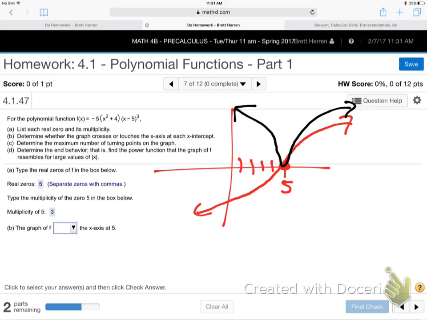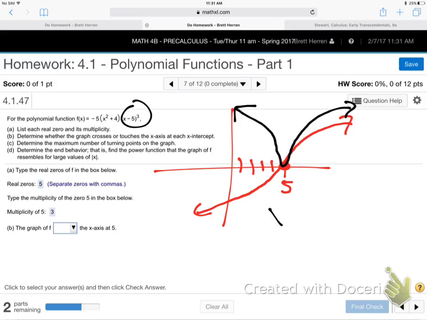You can bounce at a point, right? How do you know if the graph is just going to touch it and bounce, or it's going to cross through it, pass through it? How do you know? What's that? Degree. Yeah. It is the degree. It's the multiplicity. It's the power on just that particular 0, not the overall degree of the whole thing, which in this case is a third power.